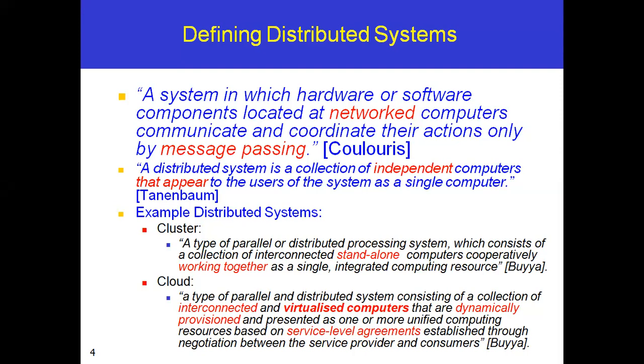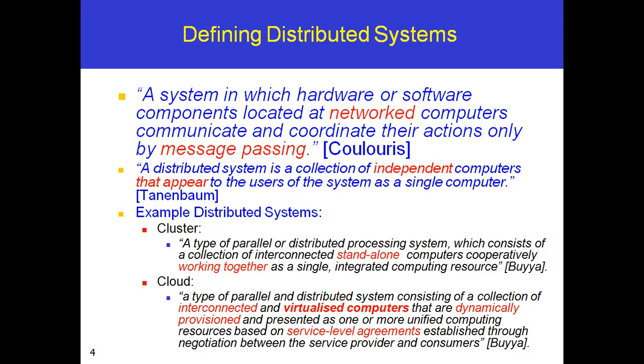In the previous one it is a single integrated computing resource of standalone computers. Here the difference is that they are virtualized computers that are dynamically provisioned. I hope you understand cluster and cloud. These two types of systems come under the category of distributed systems.